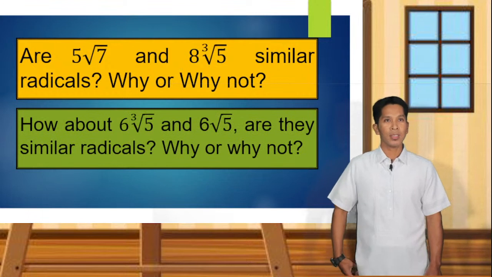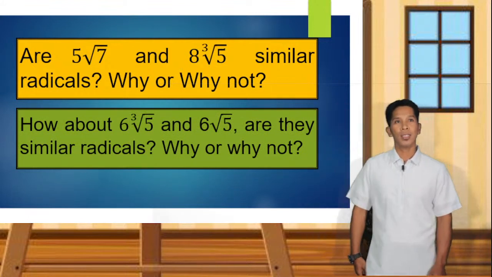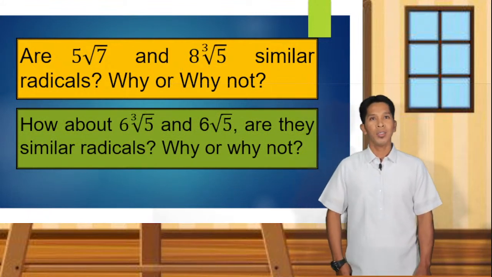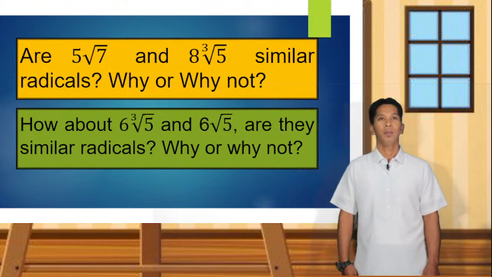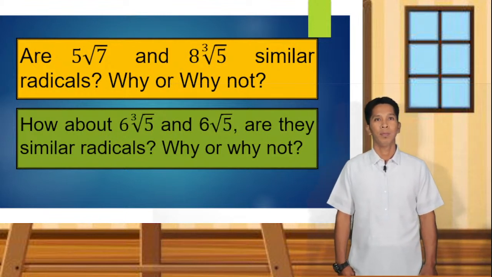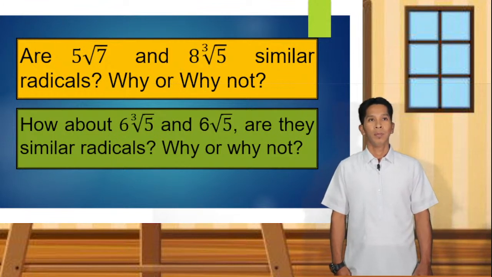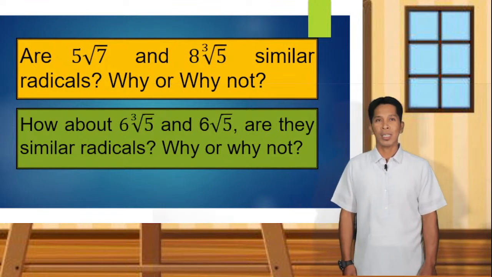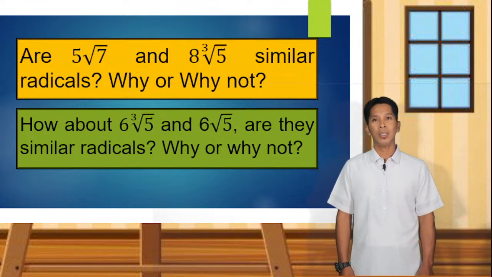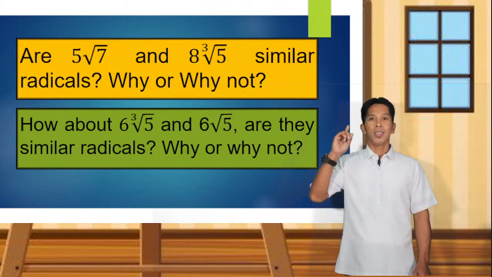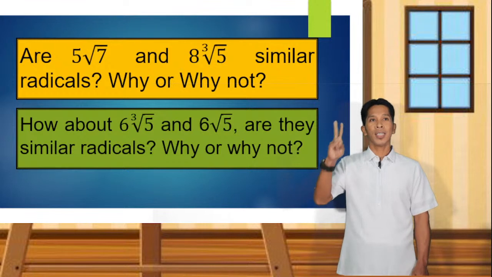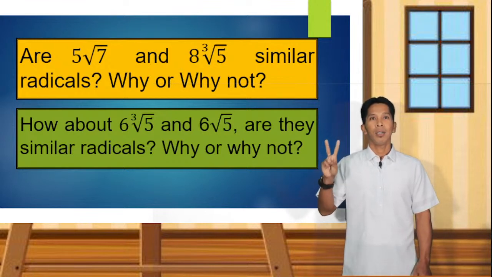How about 6 cube root of 5 and 6 square root of 5? Are they similar radicals? Why or why not? Based on the definition of similar radicals, in order that two radicals be similar, they must have the same indices and the same radicands.